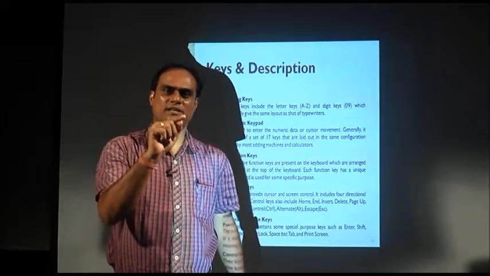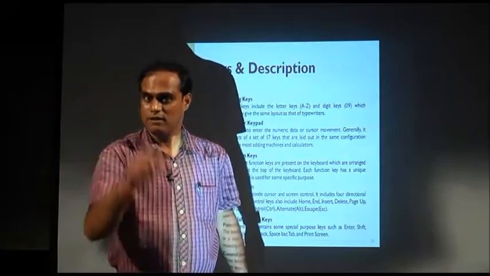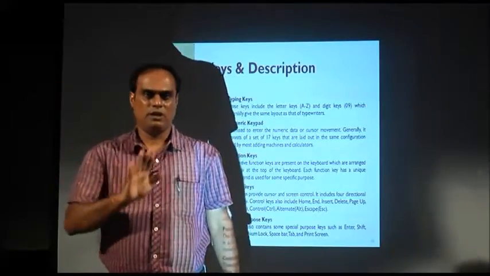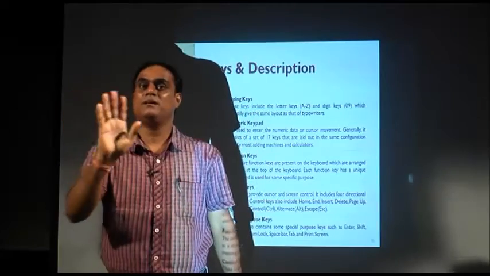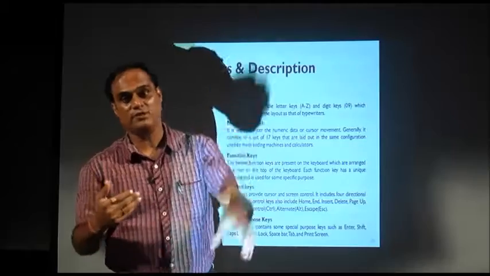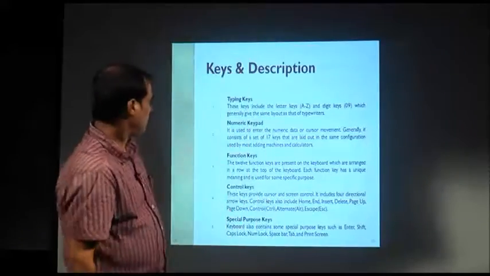When we press F2, that set of instructions will be executed by the computer. So F1 to F12 are reserved for a specific set of functions, that means specific tasks are executed by pressing a single function key.